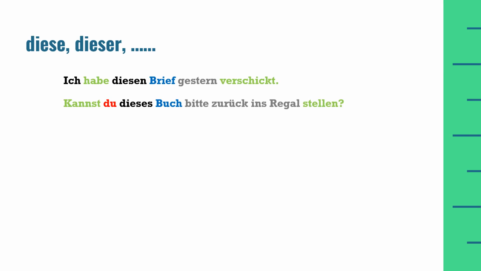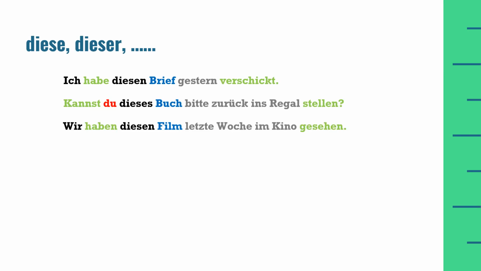Kannst du dieses Buch? Now, Buch is a neuter noun, and because it is being put on a shelf, the book is the object of the sentence, and the object of the sentence is always accusative. Therefore, we will apply the rule of accusative case for the neuter noun Buch, and we will use the ending dieses. Ins is the short form of in das, and Regal is a neuter noun.